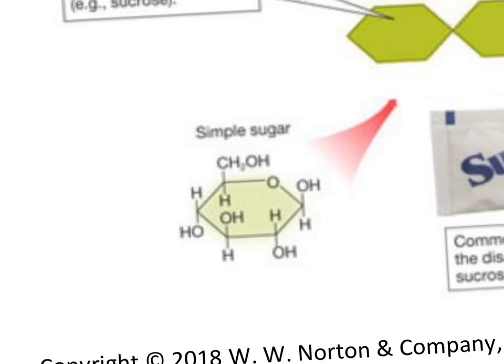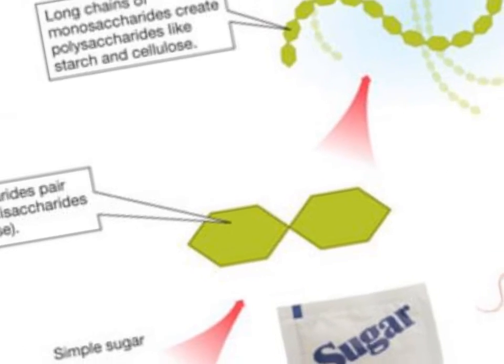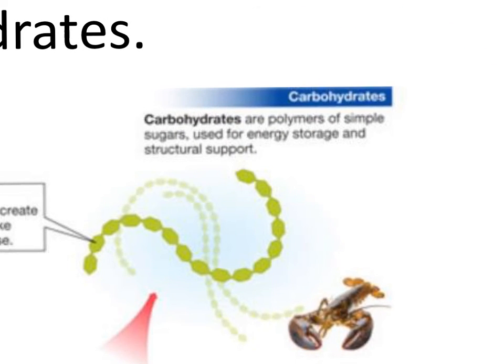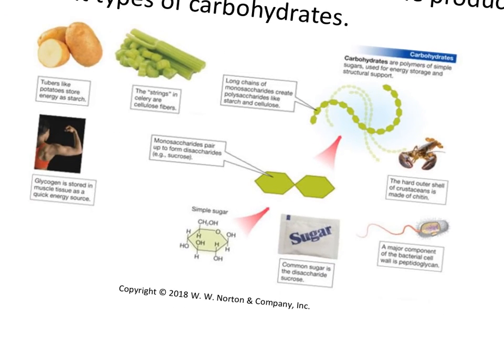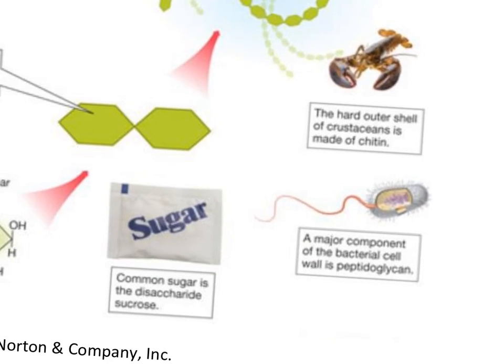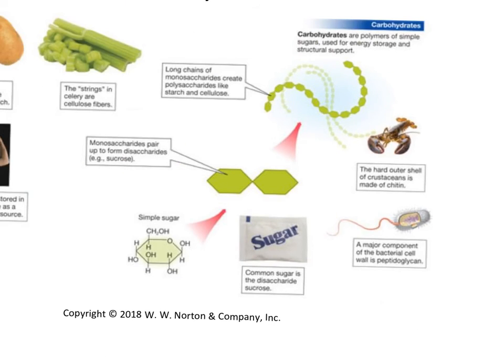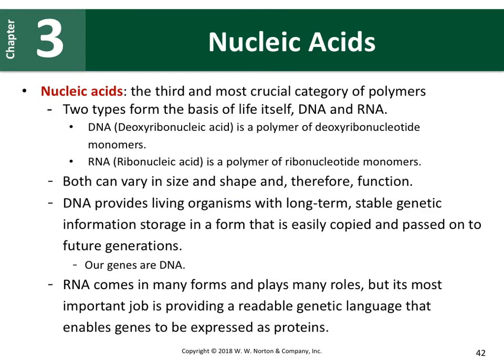Here's a simple sugar, it's glucose. You stick a bunch of them together, you have long carbohydrate chains that have to be broken down. And then peptidoglycans are the cell walls of bacteria. So all kinds of different things.